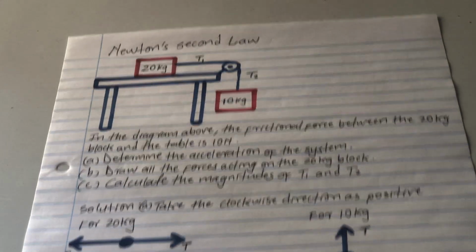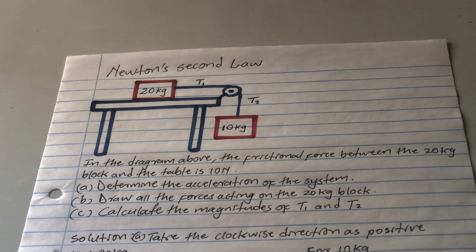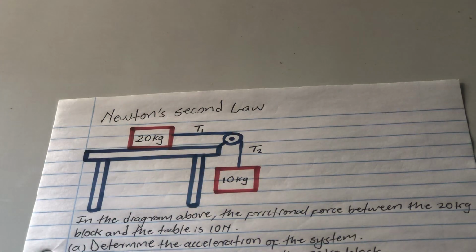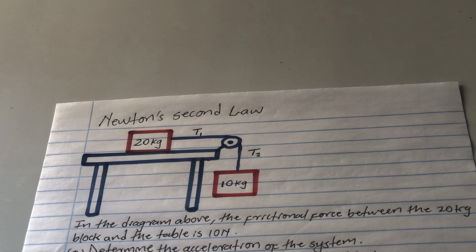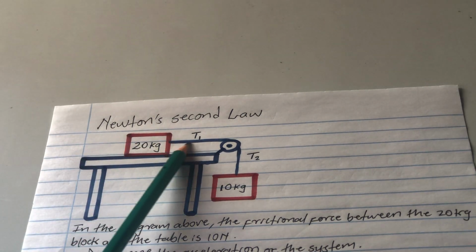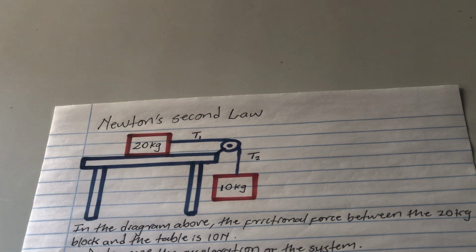Let's look at C. C says that calculate the magnitudes of T1 and T2. We want the magnitude of T1 and T2. Before we do this calculation, the tension in the string must be the same.